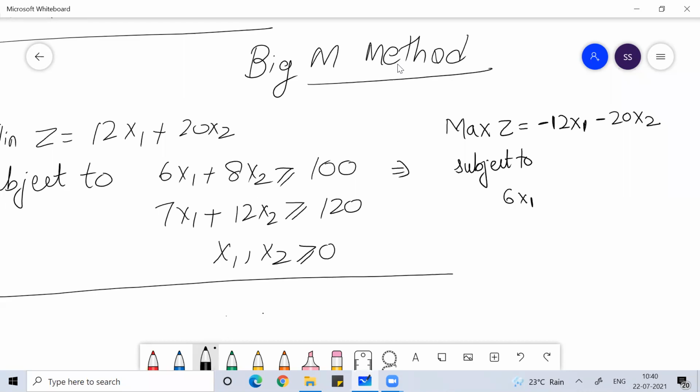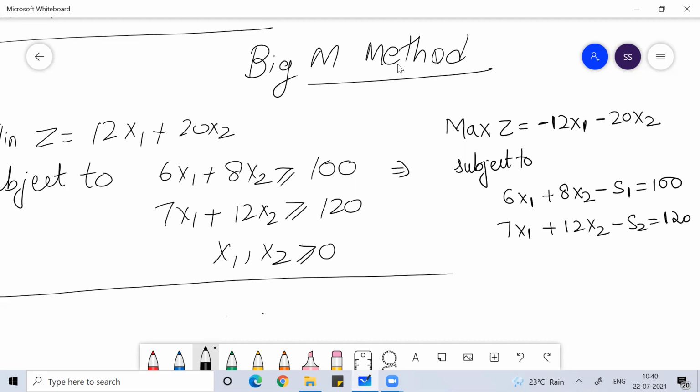To make this linear inequation an equation, you can write 6x1 + 8x2 - s1 = 100. Similarly, you can write 7x1 + 12x2 - s2 = 120.